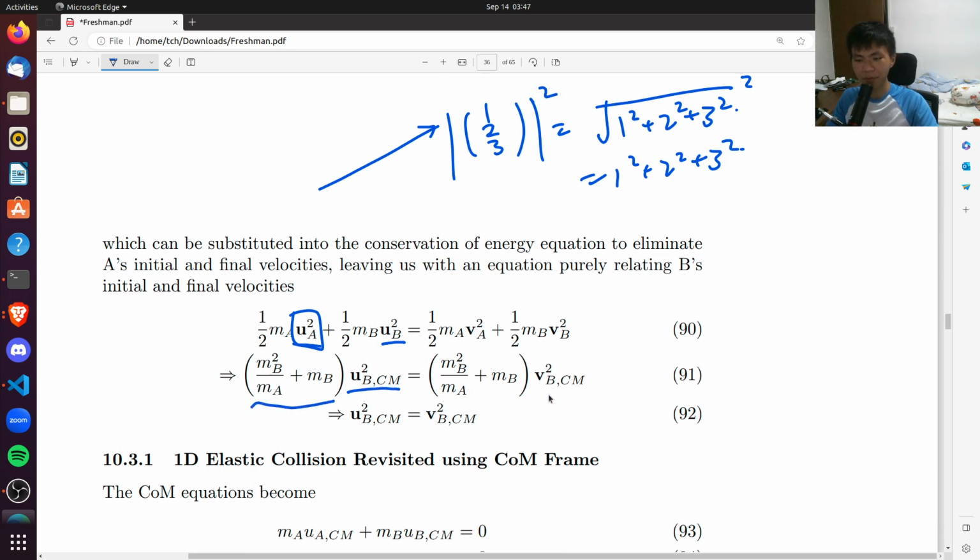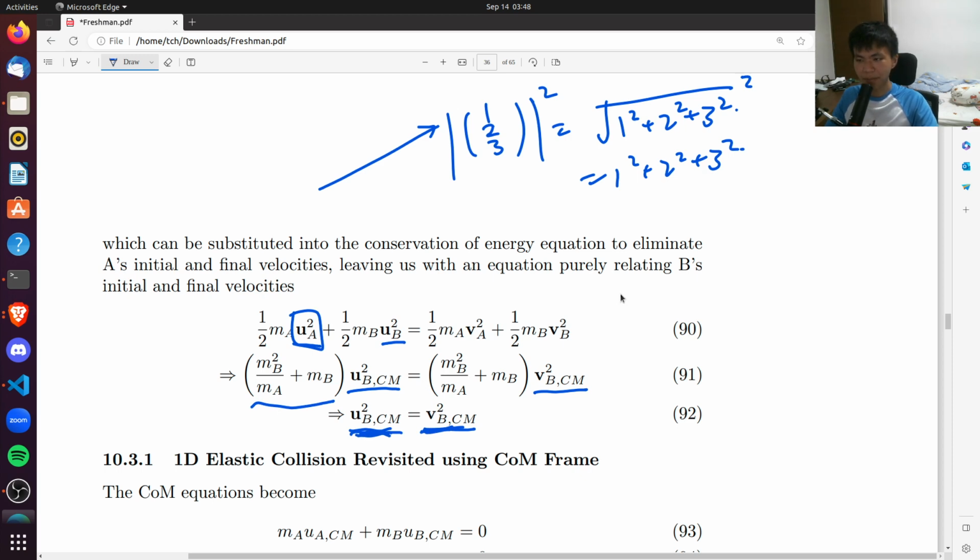And likewise for the VB squared. And voila, what do we see? We see over here that the two factors are actually equivalent. So the UB squared and VB squared are equal. And that means the magnitude of the initial velocity and the magnitude of the final velocity are the same. And that is really quite remarkable.